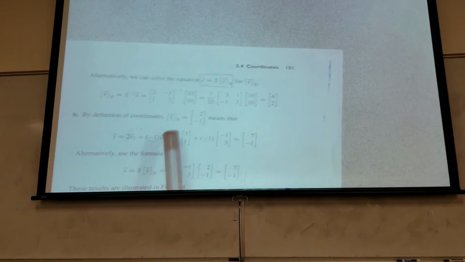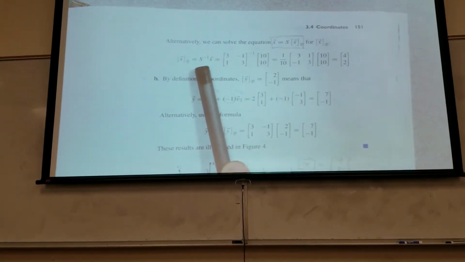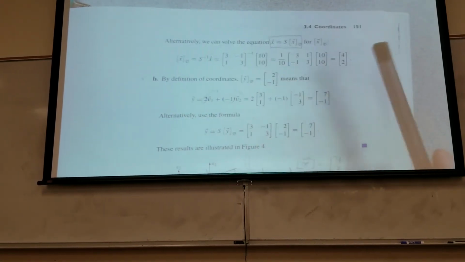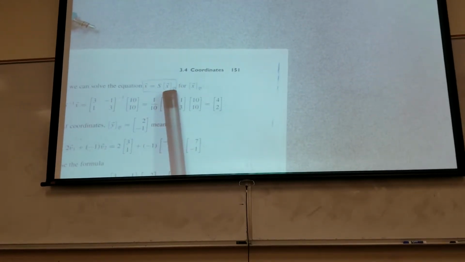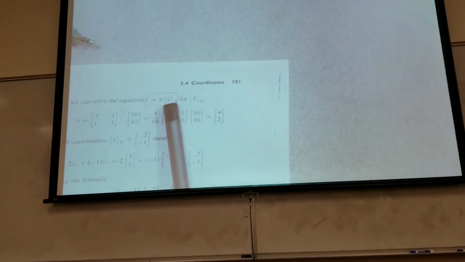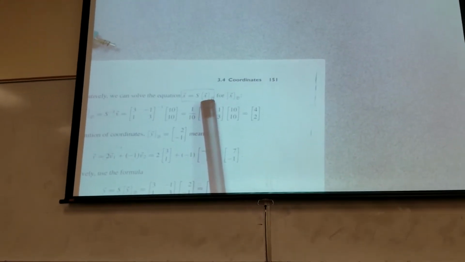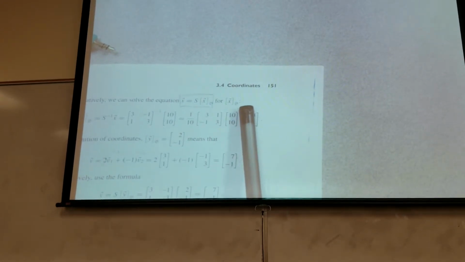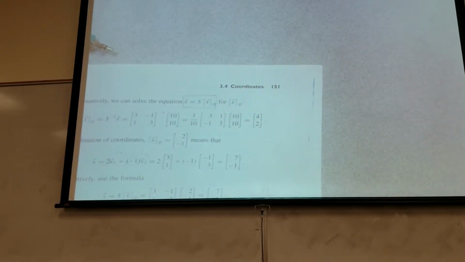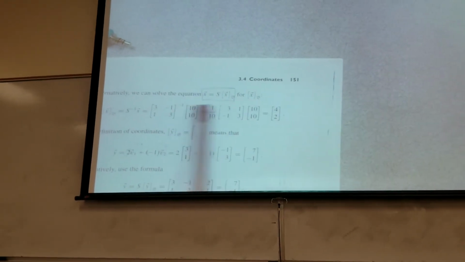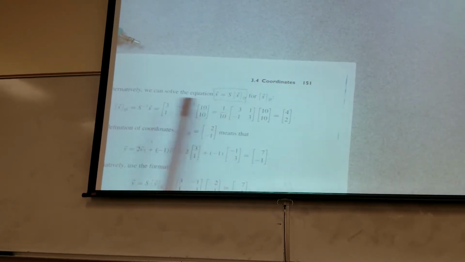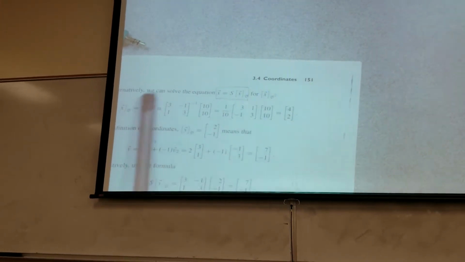How about the second one? This time, it is recommended to use this formula. X equals S times the coordinate vector. Okay? So this is the second method for part A. So it is not unique. There are two methods.